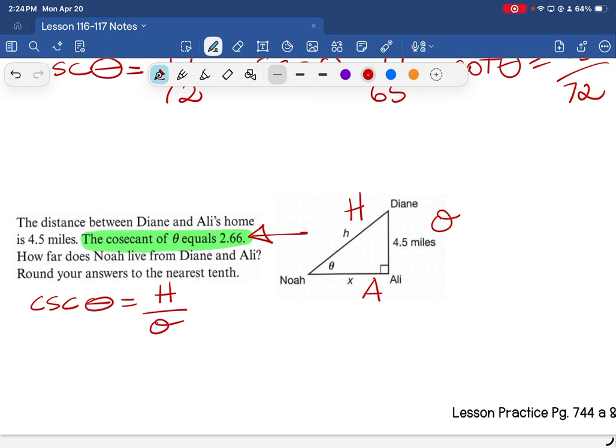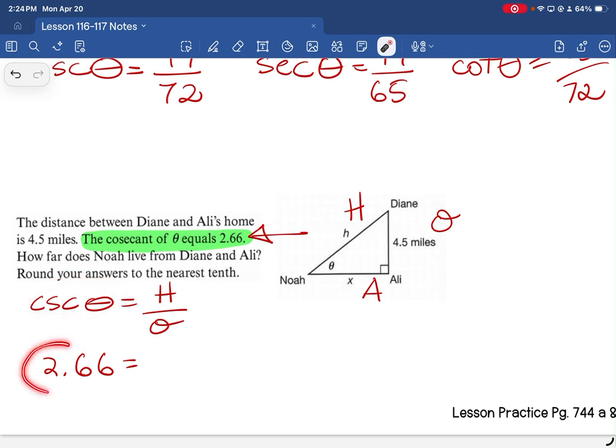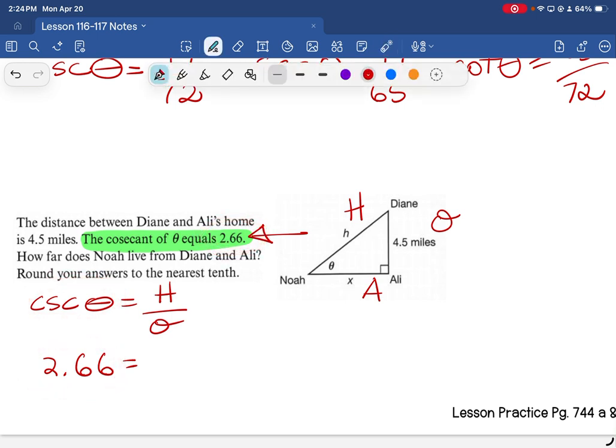So if cosecant theta equals 2.66, let's substitute it in for cosecant theta. Thomas, go ahead. Wouldn't we also just use O, and that would be 4.5, right? So then it'd be H over 4.5 equals 2.66, right? Yep.